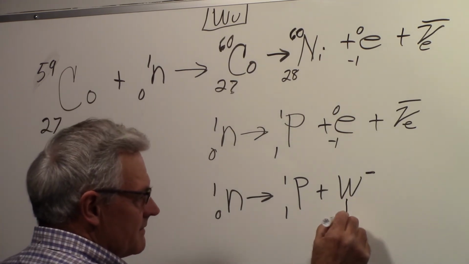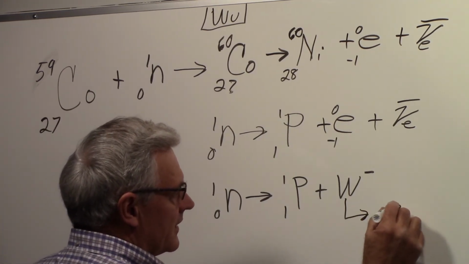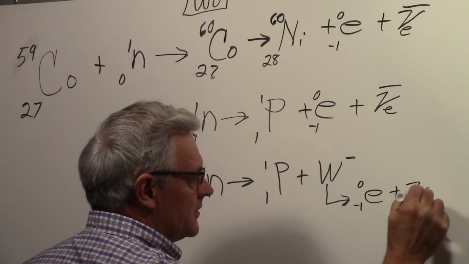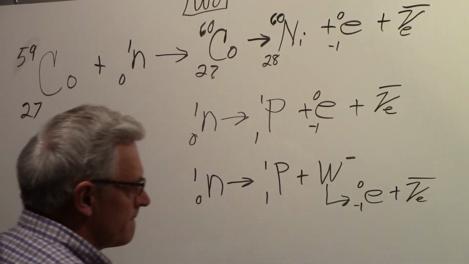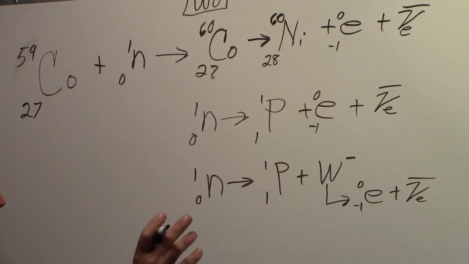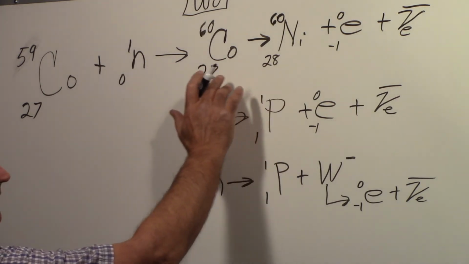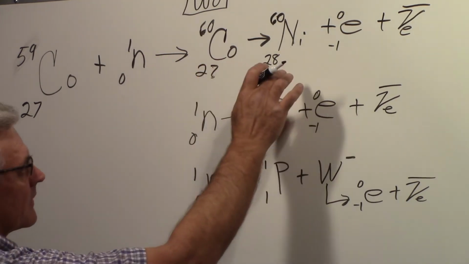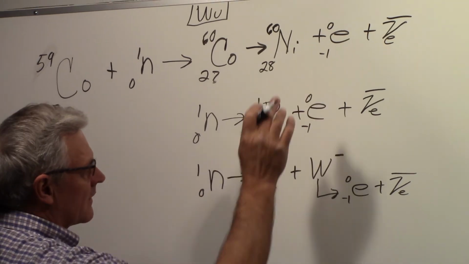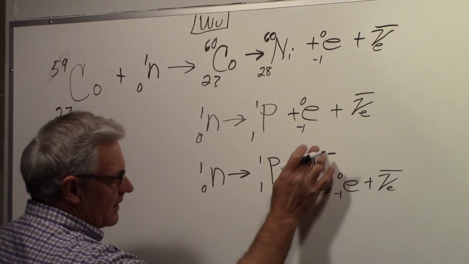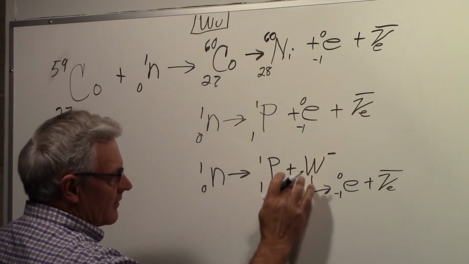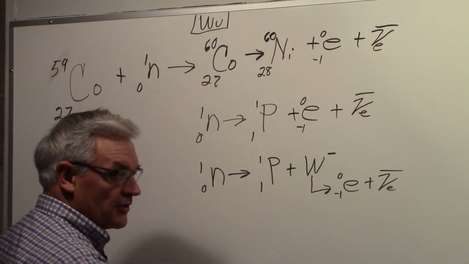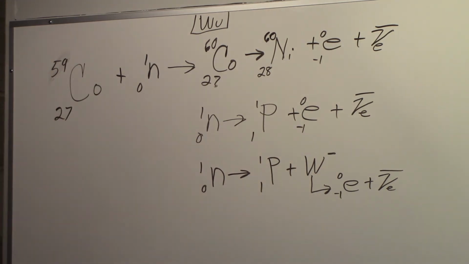And then this will go to give us the electron plus the neutrino. So this is a way of trying to show you that with cobalt 60 going to nickel, there is a mediator of the weak interaction occurring with this negatively charged vector boson.